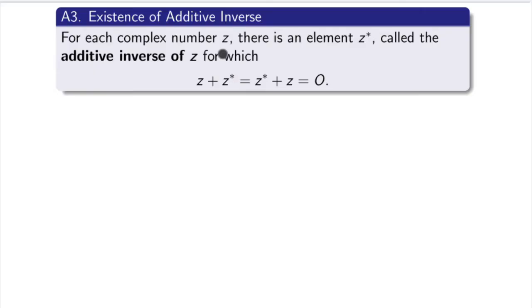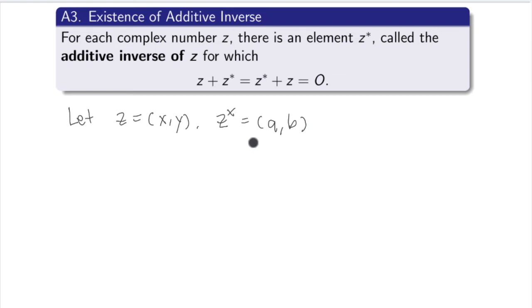Given a complex number C, we want to show that there is an element C star such that when we add the two of them, either C plus C star or C star plus C, the result is the additive identity 0, 0. Let's denote the complex number x, y. For this complex number, we want to find the complex number C star.